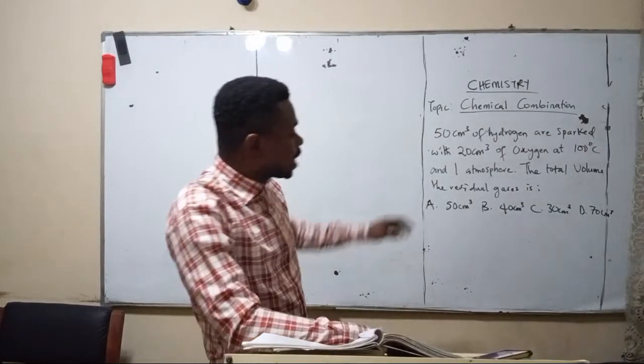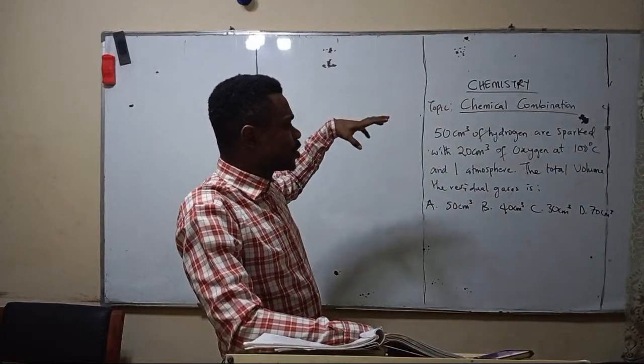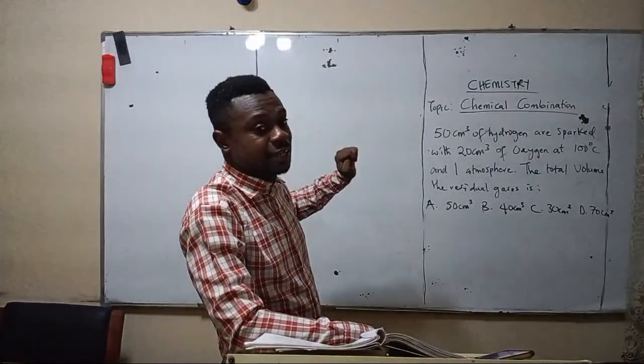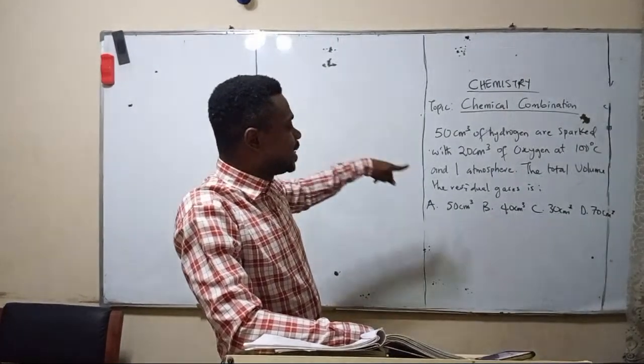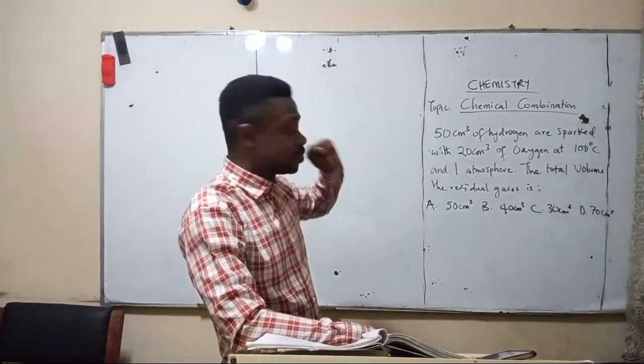If you take a good look at this question, you will see that this question talks about combination of gases, oxygen and hydrogen specifically. And the law guiding this type of combination is Gay-Lussac's law of combining volume.